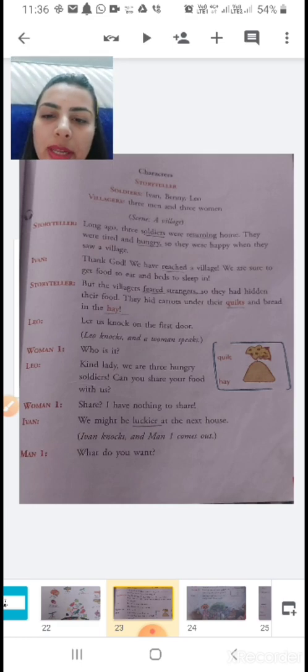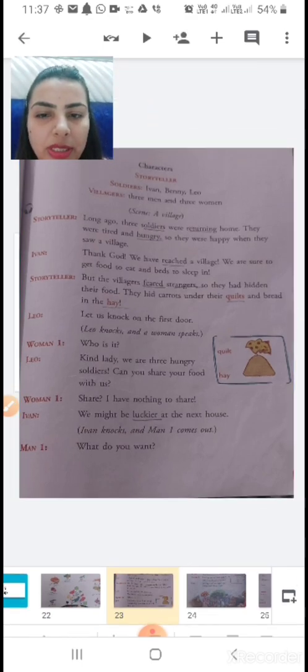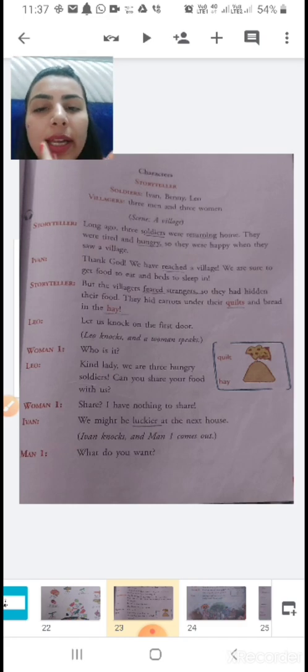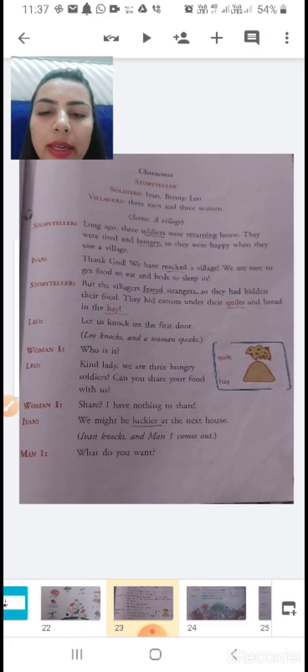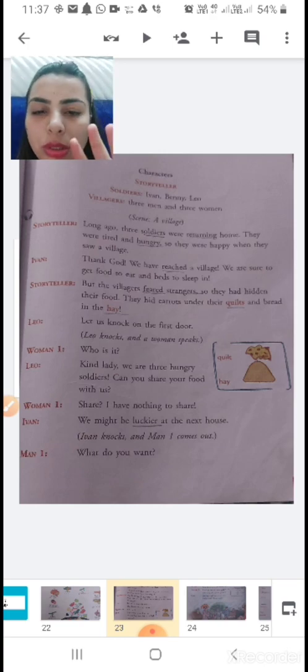Then Leo knocks and a woman speaks. Leo goes to the first house and knocks on the door, and one woman of the village came. She says, "Who is it?" Then Leo says, "Kind lady, we are 3 hungry soldiers.